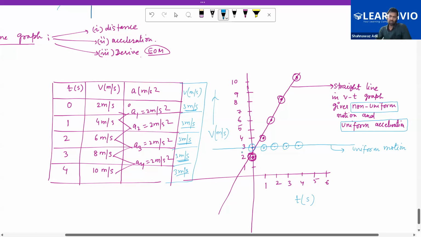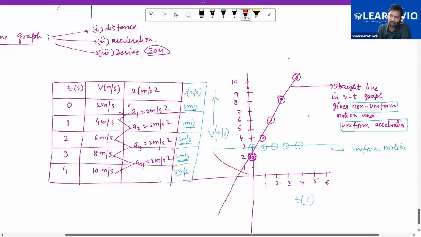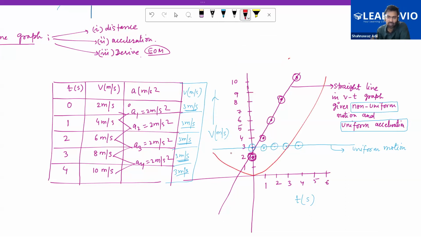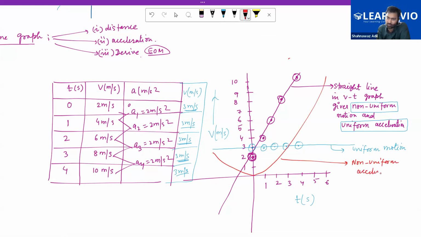Okay, so now the final thing. Let's say the final graph is this one. This is the graph that we have. Clear? Yes. So this thing is non-uniform acceleration. Clear?